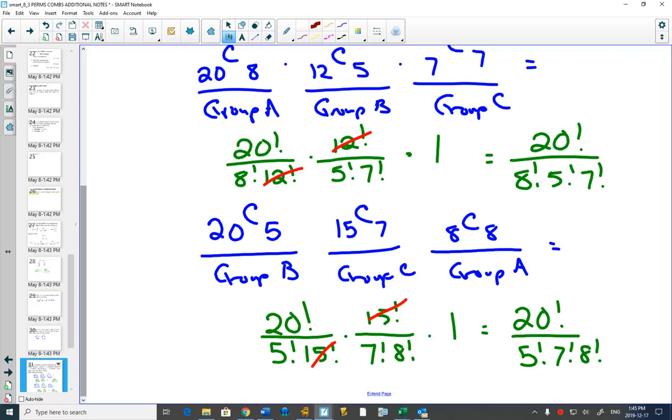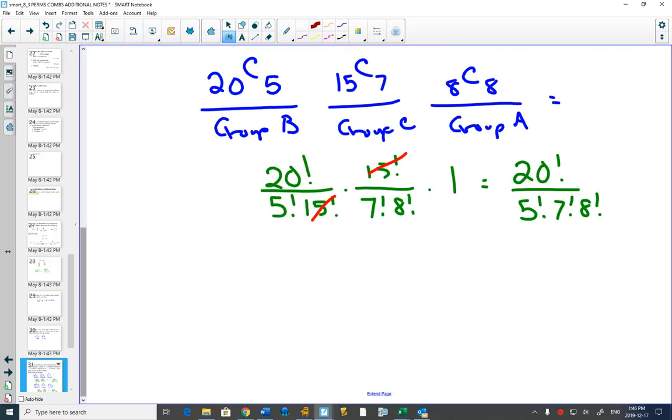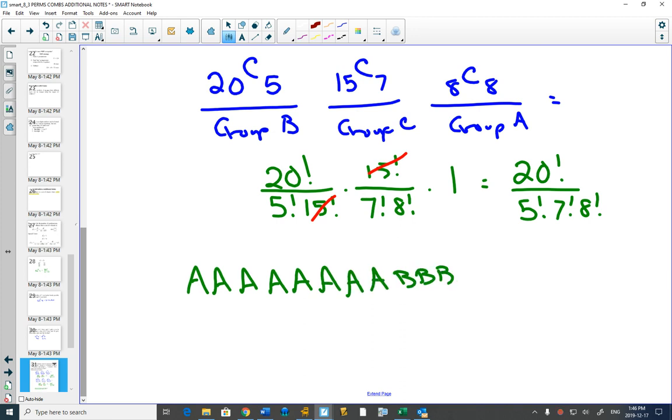But the other way we could have solved this question is we could think, if I lined the 20 students up from shortest to tallest, and then I took eight A's, 5 B's, and 7 C's, how many different ways could I arrange the letters in that word?